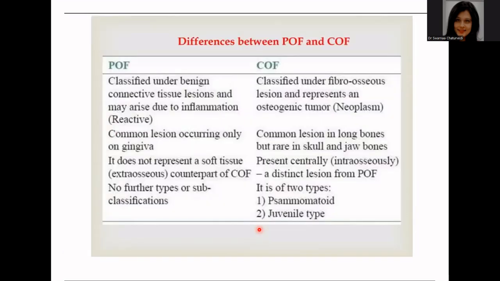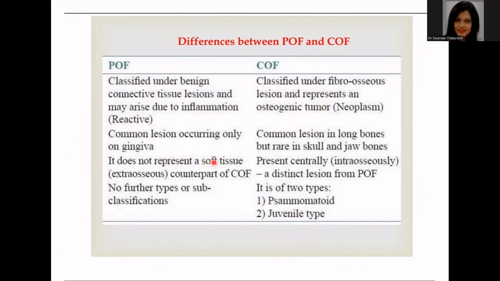Now, since both POF and COF have very similar features, what differentiates them? POF are classified under benign connective tissue lesions and may arise due to inflammation, while COF are under fibro-osseous lesions and represent an osteogenic tumor.